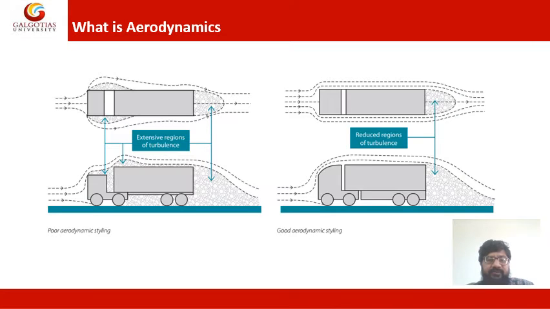In this figure, we can see how a poorly aerodynamically designed vehicle can produce an extensive region of turbulence and hence loss of pressure energy and increased drag, while a good shaped contoured vehicle produces low region of turbulence and has good aerodynamic characteristics.